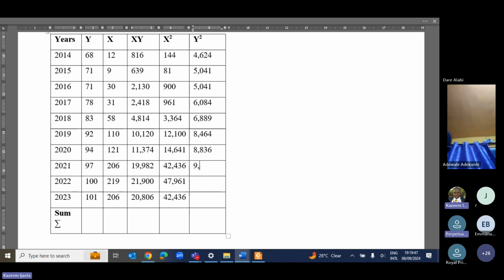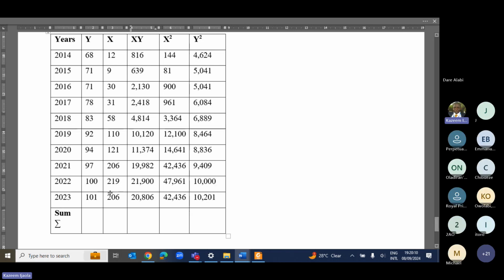I will remove the person from this call. 97 squared is 9409. You are proud. I will use the power of admin, I will remove the person. 100 squared is 10,000, 101 squared is 10,201. If you are the one typing, you will know that it's stressful.